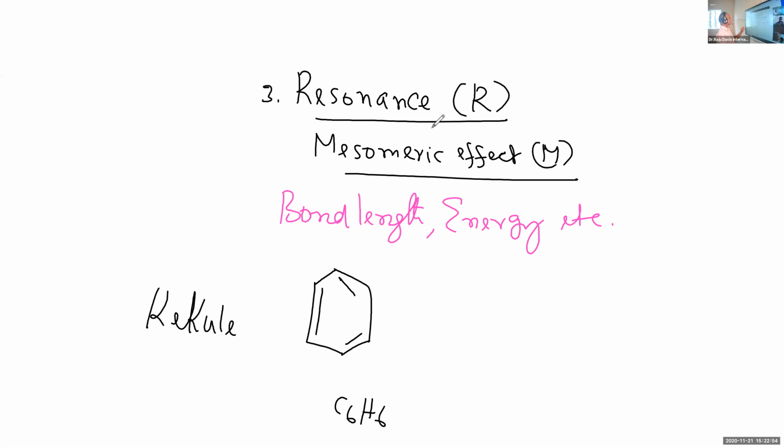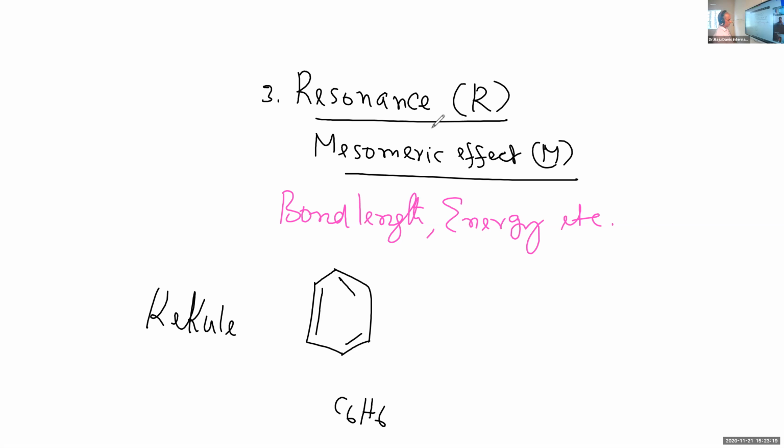You studied bond length already in another chapter, chemical bonding. So here the bond length in benzene is between a carbon-carbon single bond and a carbon-carbon double bond. So something has happened. We cannot explain these properties.